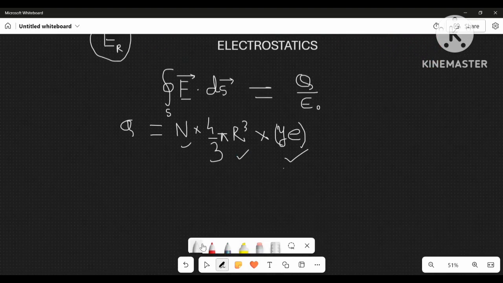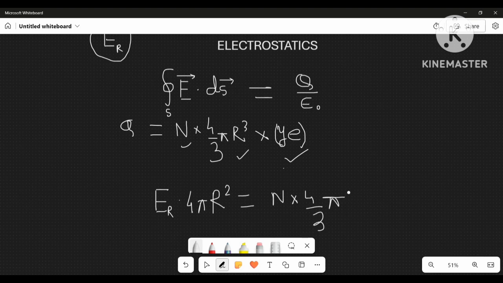So we can write it as electric field at the radial distance r times 4 pi r squared, that equals this charge q, which is n times 4/3 pi r cubed times ye, upon epsilon naught.